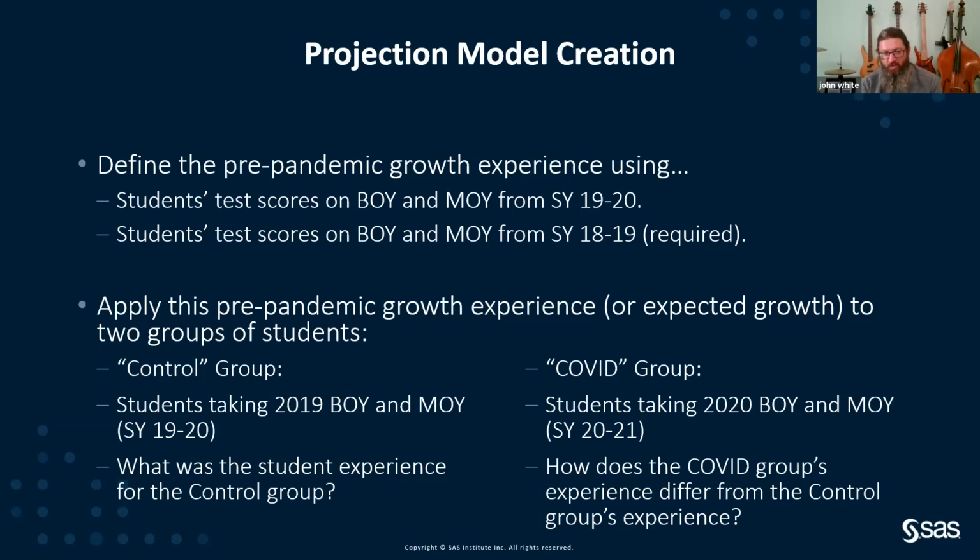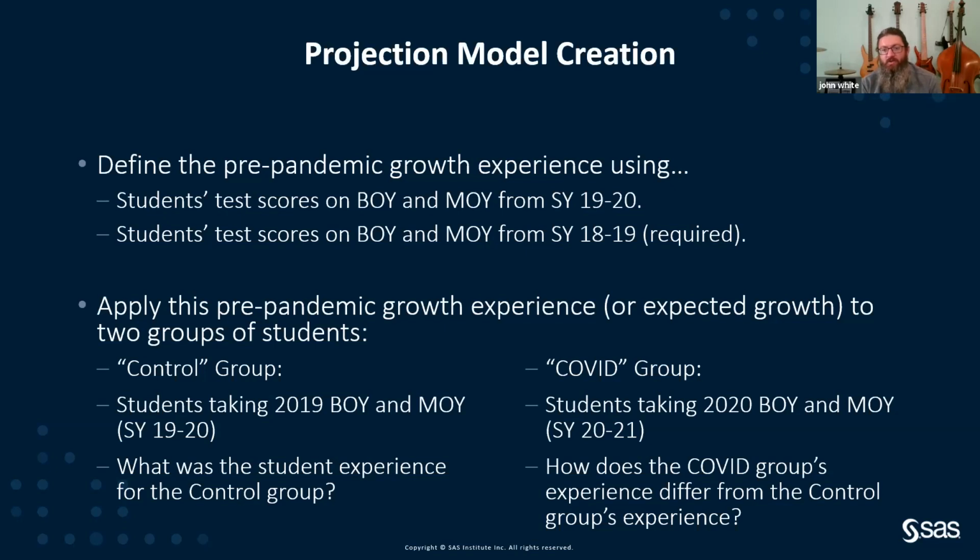By establishing the relationships, you've created this idea of a pre-pandemic experience. So once you do that, given any BOY and MOY test score of a given grade for a student, you can project out to that next grade BOY or MOY test score.